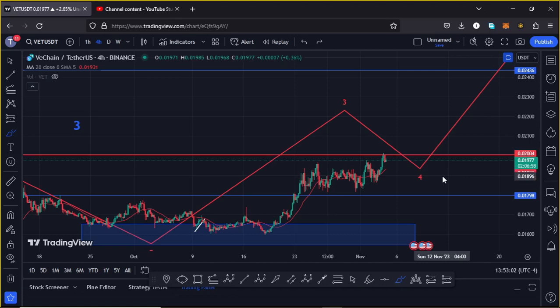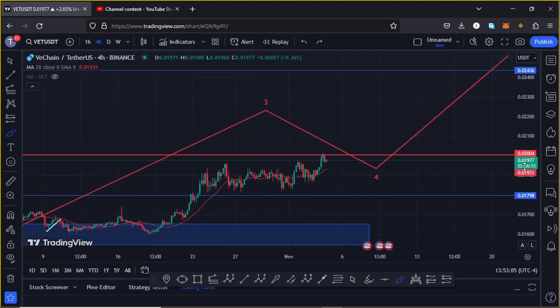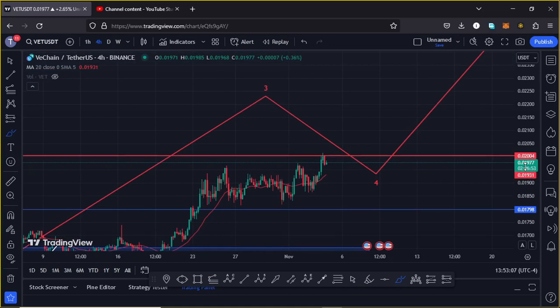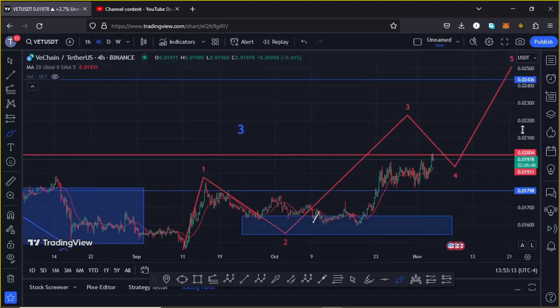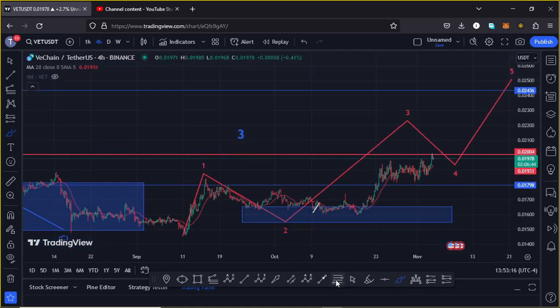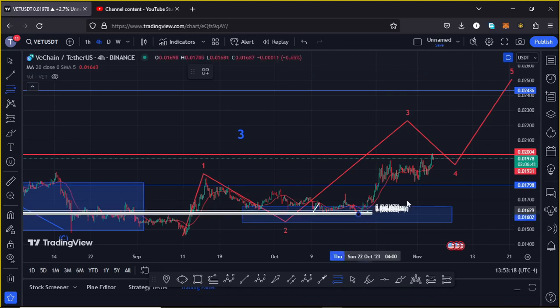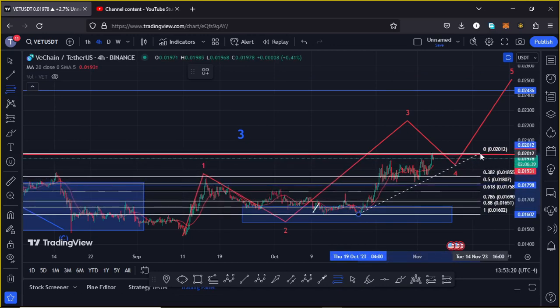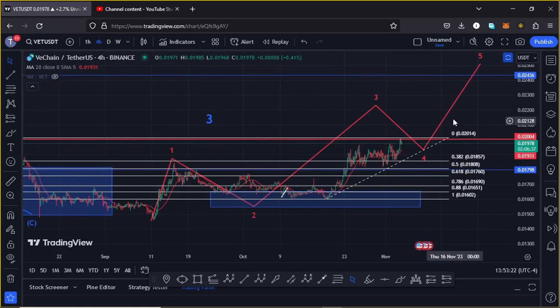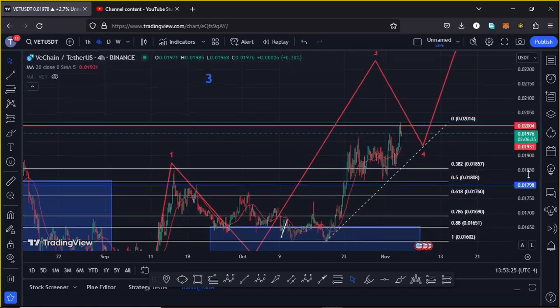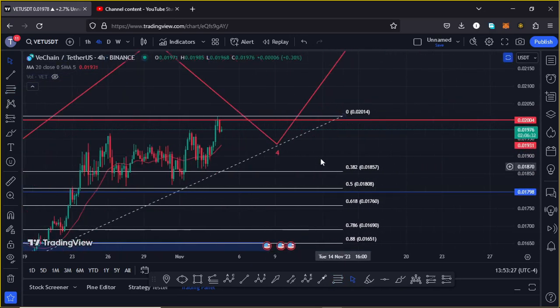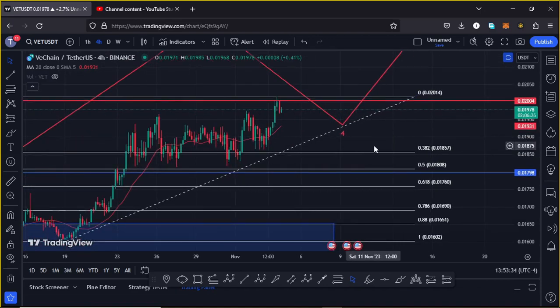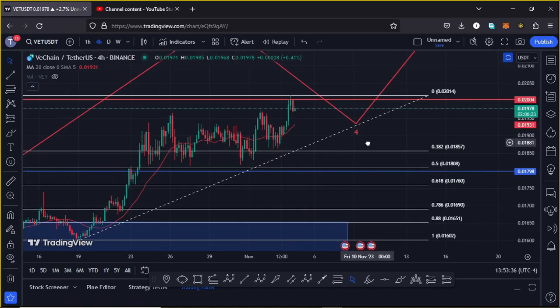Alternatively, in case we don't see another sustained break above the $0.02 mark and we continue seeing further weakness here on the charts, then using the Fibonacci, connecting the fibs from the low of the wave 2 to that high of that wave 1, I get an area within which we can keep our eyes on in case further pullback continues to be shown here on the charts between the fib level 0.382 and the fib level 0.618.